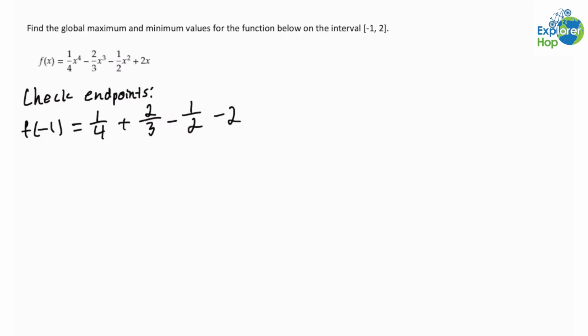And this is equal to 3 over 12 plus 8 over 12 minus 6 over 12 minus 24 over 12. And this is equal to -19 over 12.